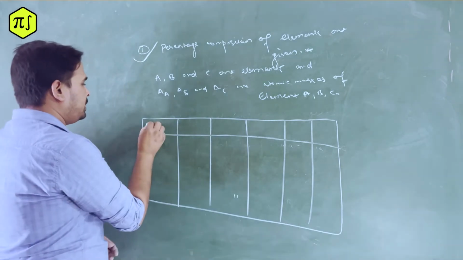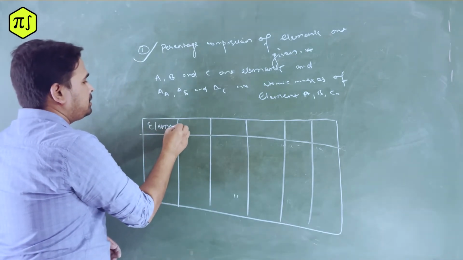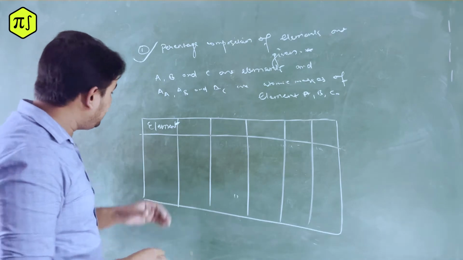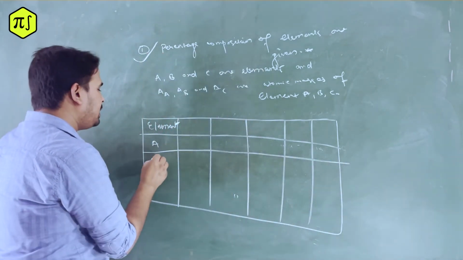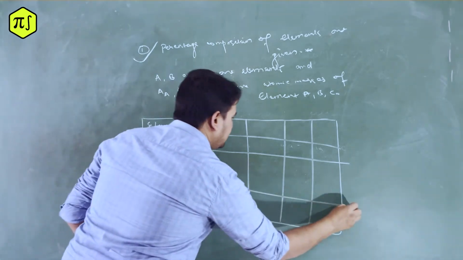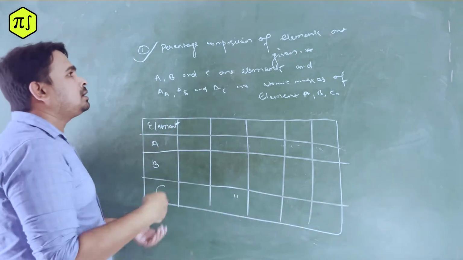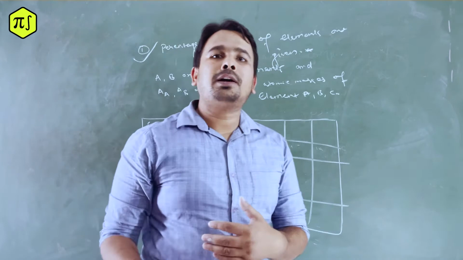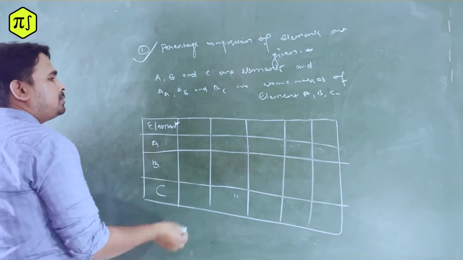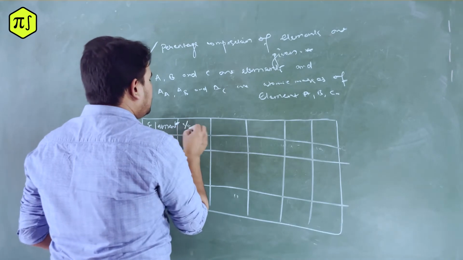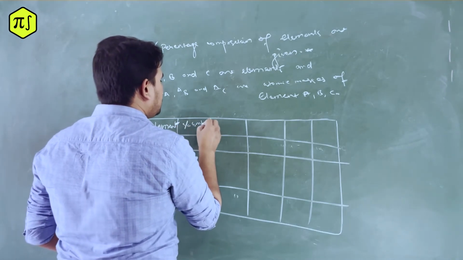So let me write the element here. This is the element column, right? Now we'll put down the elements: A, B, C. These three elements constitute this particular molecule. Next we write the percentage composition.